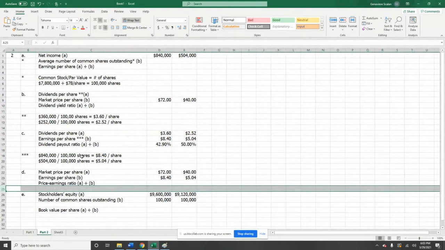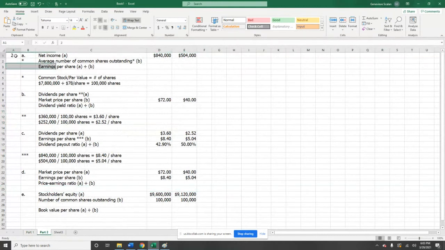Okay, so the question has a part 2, and it asks you to assess the stock market performance, right? So you're going to look at things like EPS and dividend yield ratio and things like that. So we're going to do some calculations based on those formulas.